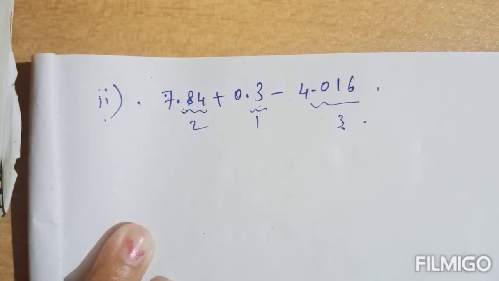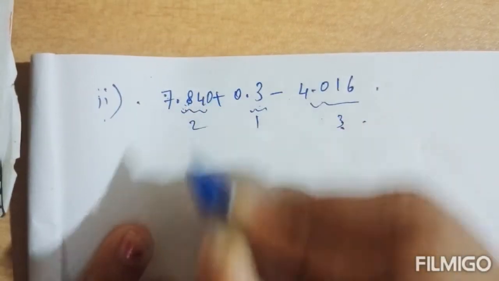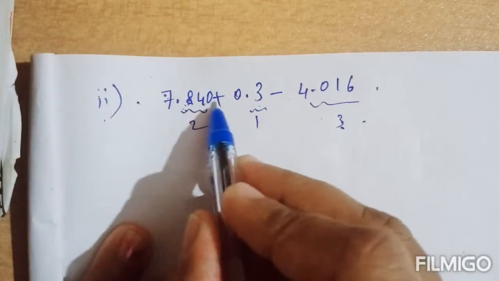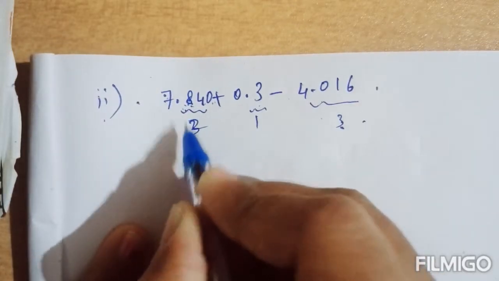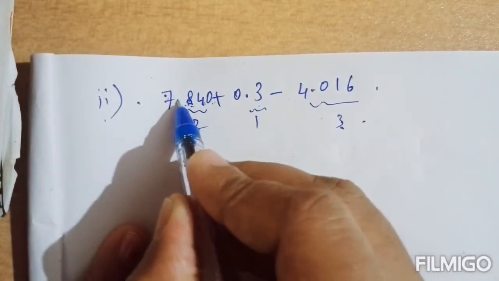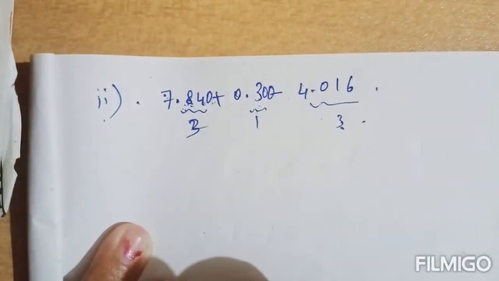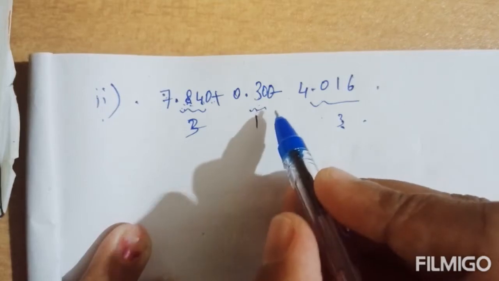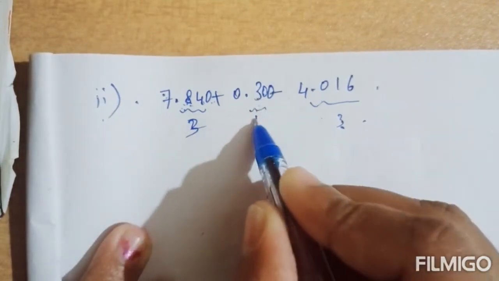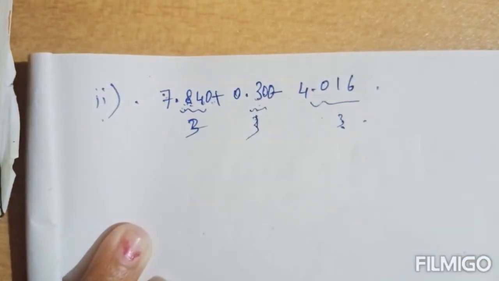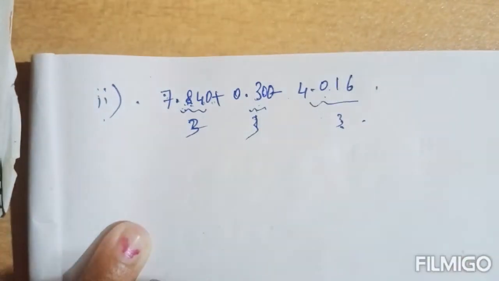Here, you can put 0 at the right end. Now it is 3 places after the decimal point. Here only 1 digit, so you can put 2 zeros at the right end, so that the number of decimal places is 3. Okay, now here it is 3.